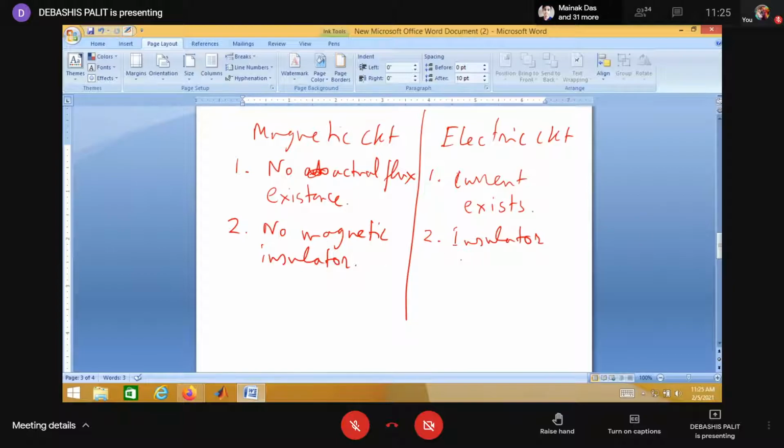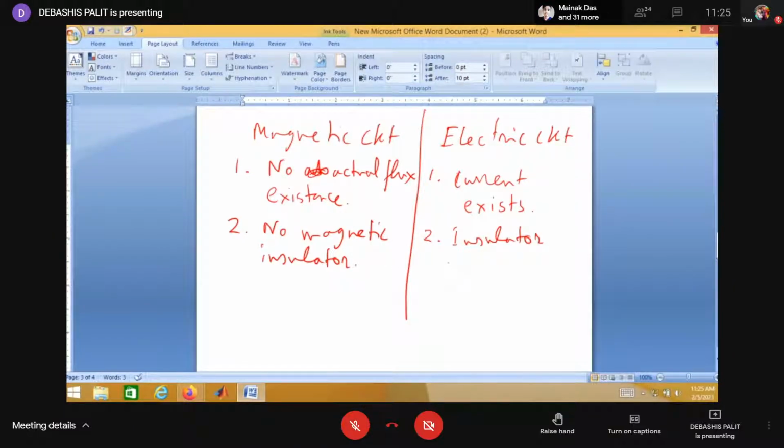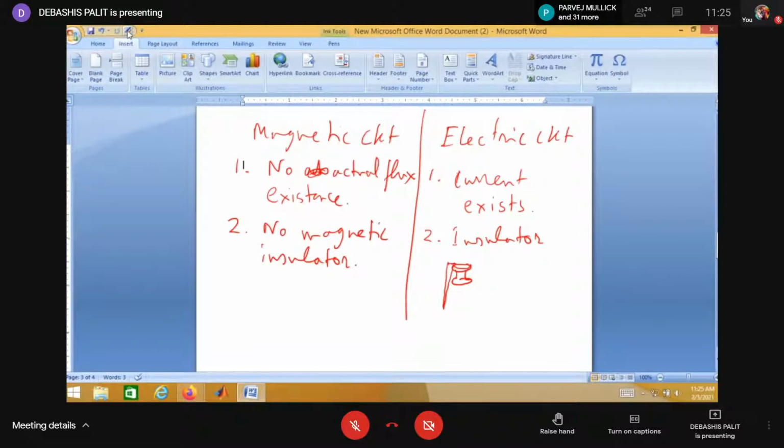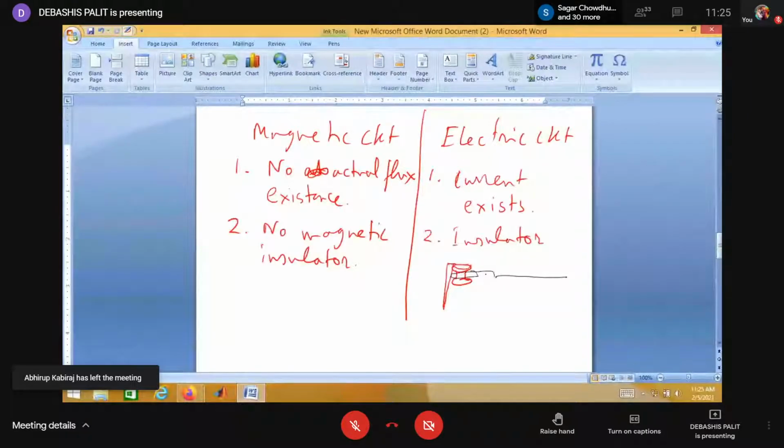Say there is a pole, and you want to fix a coil to the pole. There must be some insulator. You can tie a conductor here, and you are drawing some current.